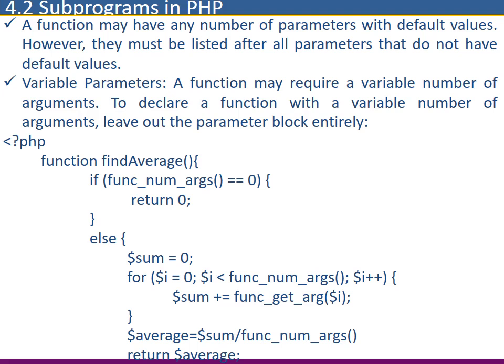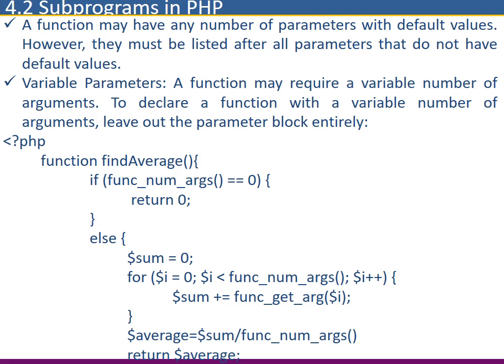If func_num_args() equals 0, open the block, return 0, meaning that if no arguments are passed, return 0.